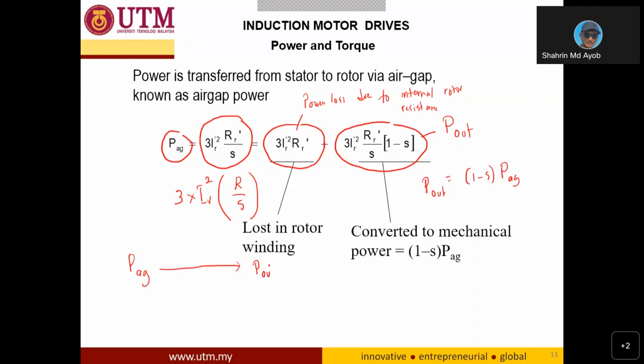This one is your P out. So you have P losses lah, which is P rotor. Yang ni P rotor. Okay. P air gap. So the losses due to the internal resistance of the rotor, and the P out which is (1 minus S) P air gap.